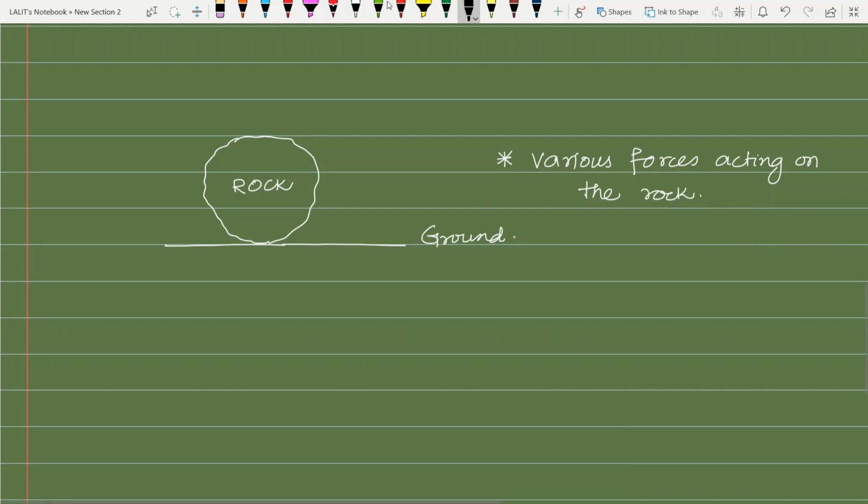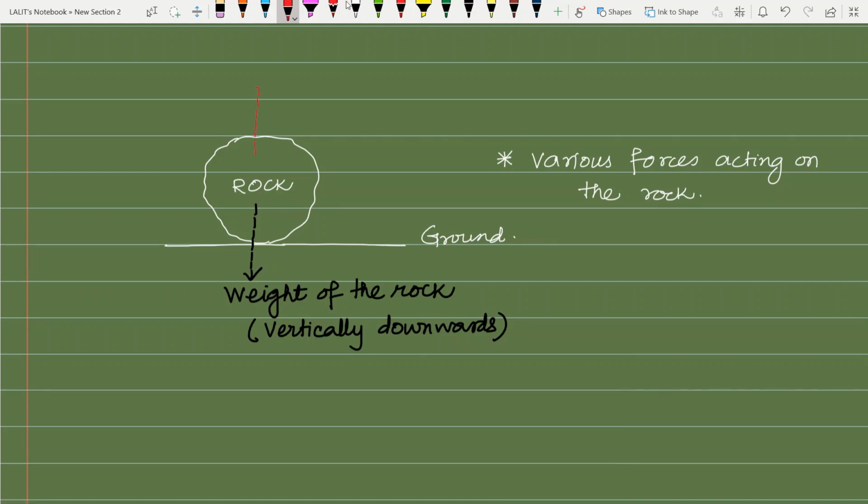The first one would be the weight of the body, or weight of the rock, which is acting vertically downwards, and at the same time there is another force which is keeping the rock stationary, and this is called the reaction force, vertically upwards.